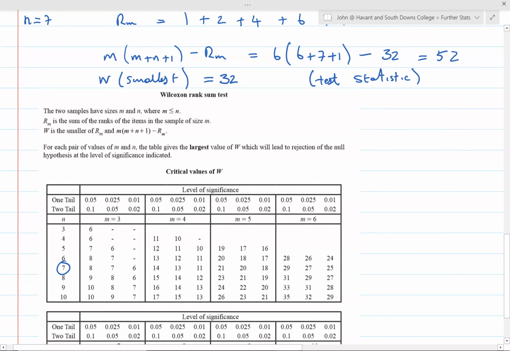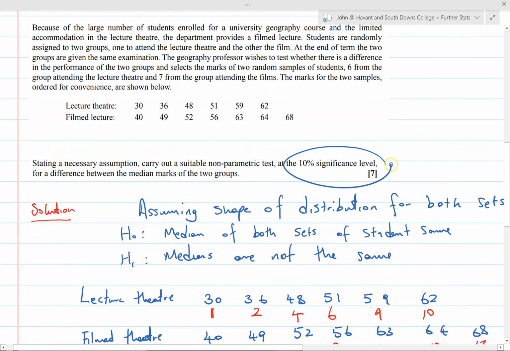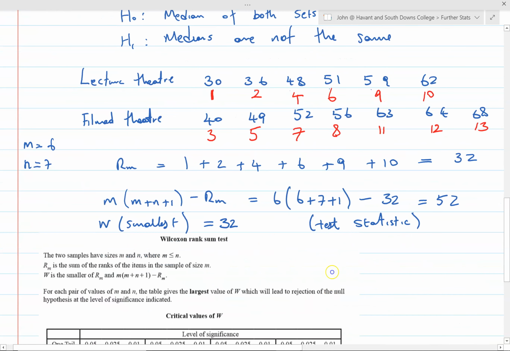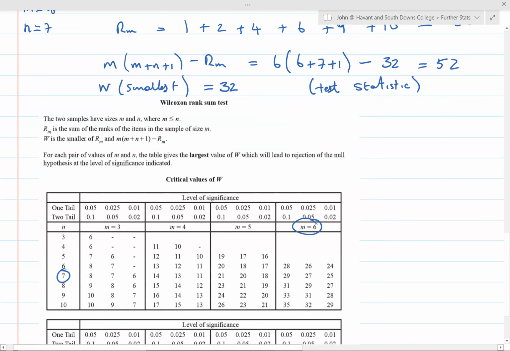So we've got 7 by 6, we're looking at that row, and it's two-tailed, and it was 10%, I believe, going all the way back, 10%. So it's 10%, and so we're looking for 10% two-tailed, so the critical value is 29. So that's our critical value, 29.